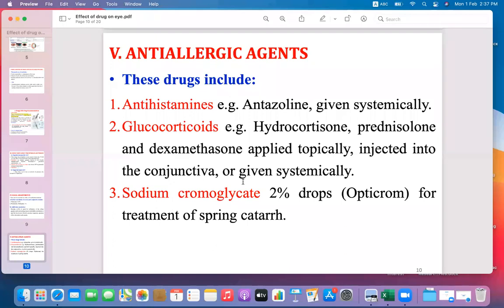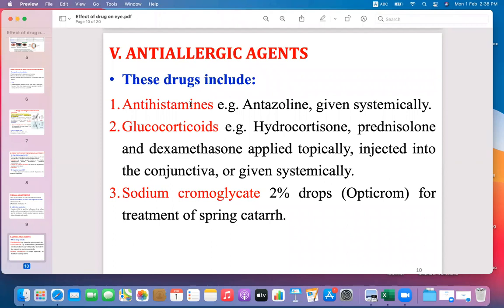Anti-allergic drugs are used to reduce the lacrimal secretion. Antihistaminics, for example antazoline, are given systemically. Antazoline is generally used in some eye drops with naphazoline to reduce the seasonal rhinitis and lacrimal secretion. So antihistaminics are also used in the form of eye drops.